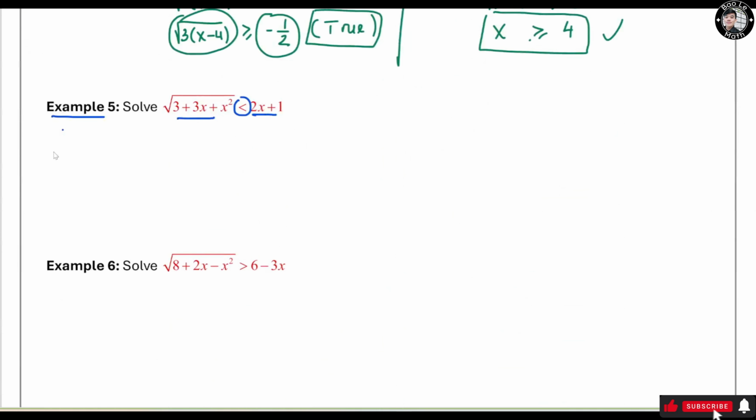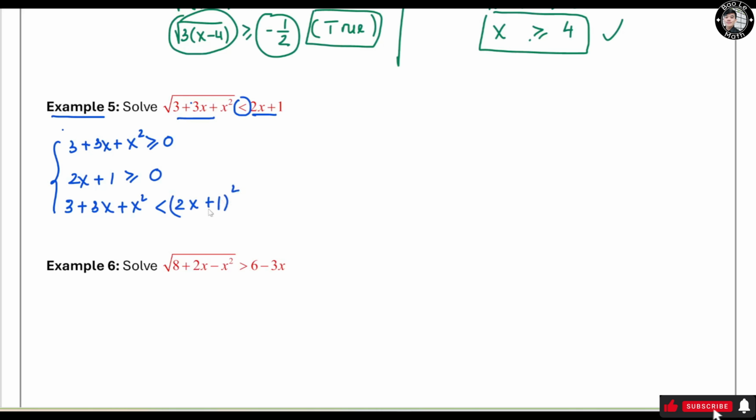So this guy is the same thing as 3 plus 3s plus s squared greater than or equal to 0, right? 2s plus 1 greater than or equal to 0. And we square both sides, it's going to be 3 plus 3s plus s squared less than (2s plus 1) altogether squared, right?